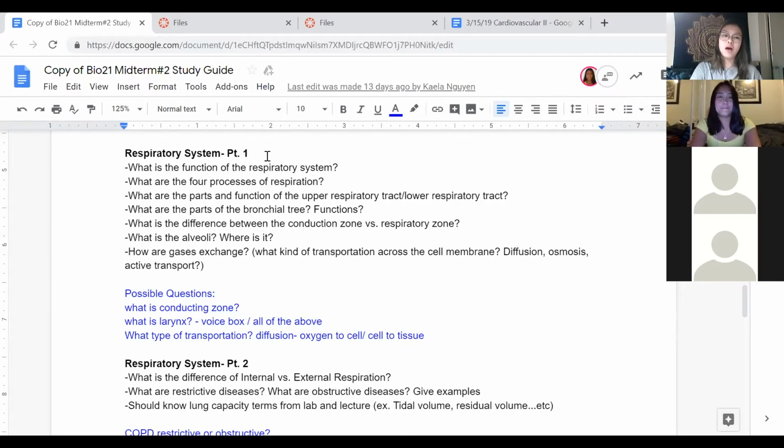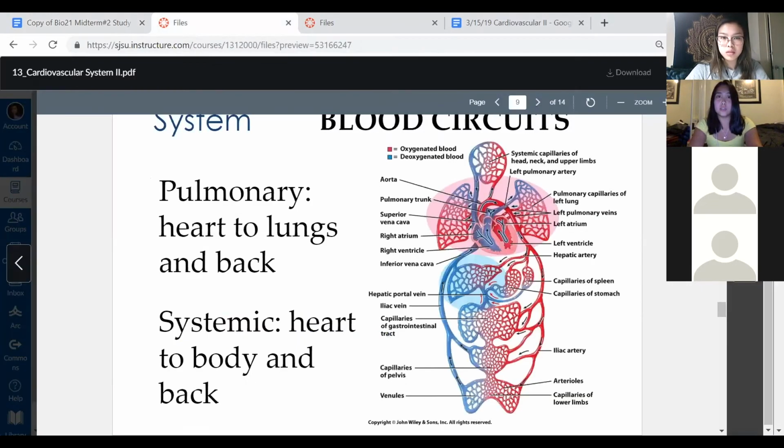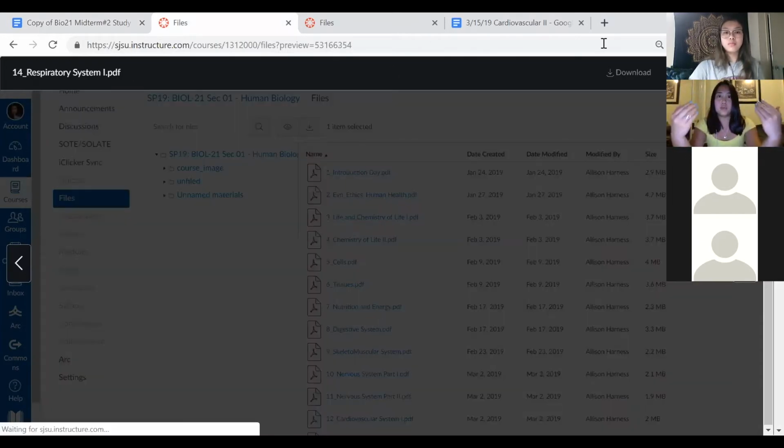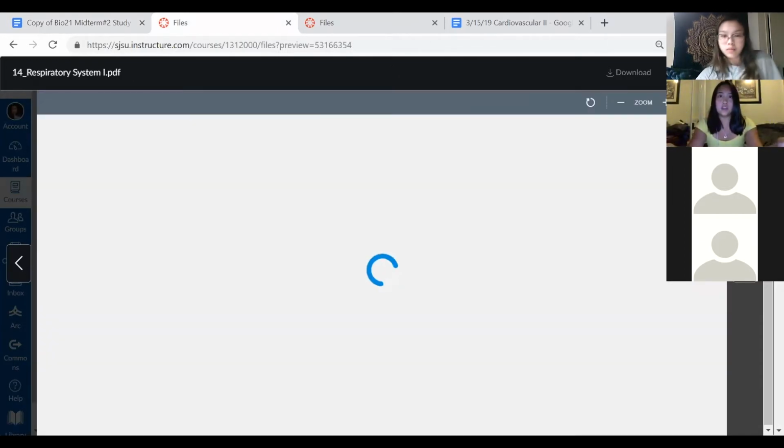What are the 4 processes of respiration? The 4 processes are breathing, external respiration, gas transportation, and internal respiration. This is also in her slides. Breathing is breathing in and out.